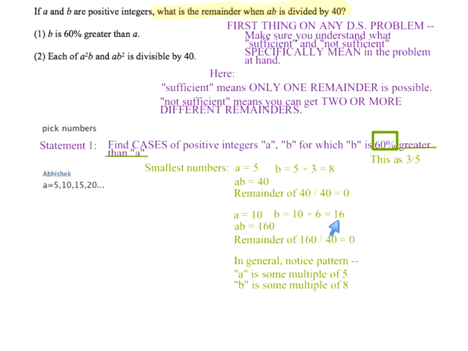Just look at enough cases to notice. You get 8, you get 16. If you do 15, you'll get 24, and so on. So that means that AB is a multiple of 40, which means that your remainder is always going to be 0. So this statement's sufficient.